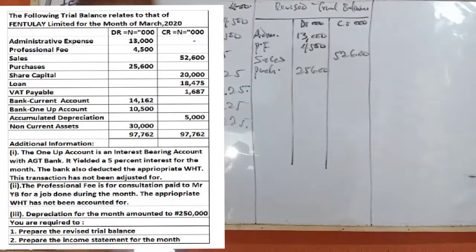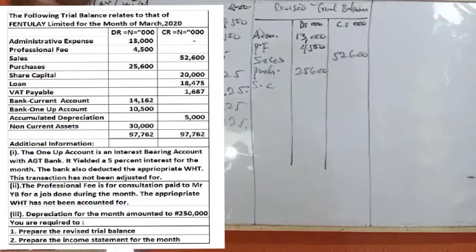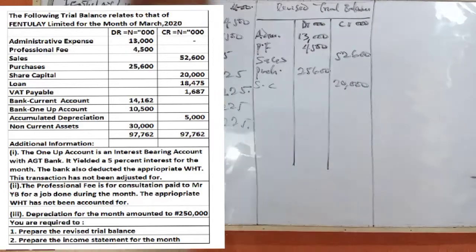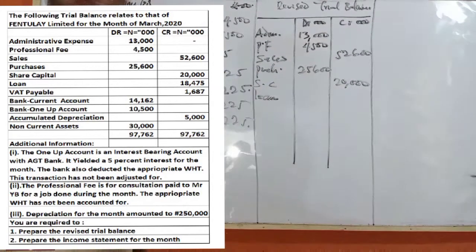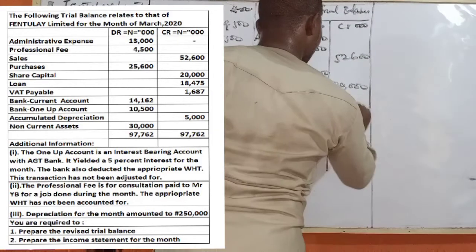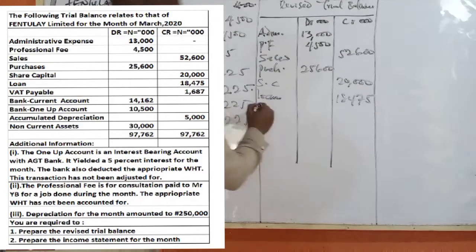What else? Share capital, I can see it to be 20,000. What else? Loan. I can see it to be 18,475. What else? VAT payable.